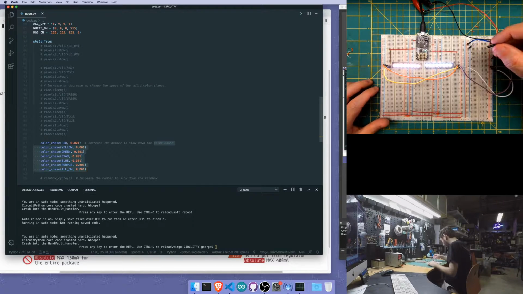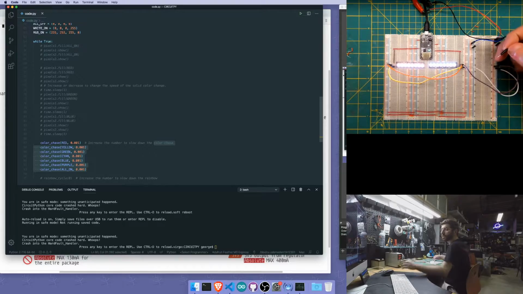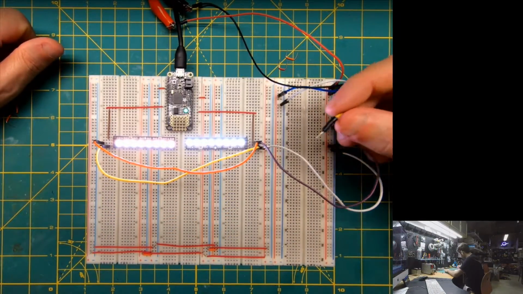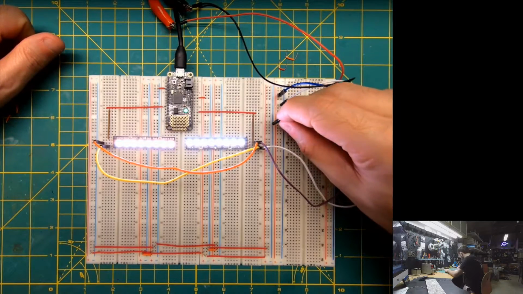Whenever I pull ground, I guess these need to share a common ground with the board.